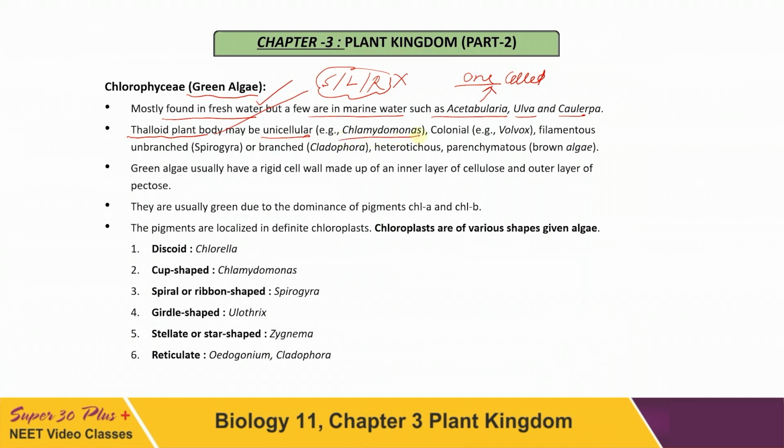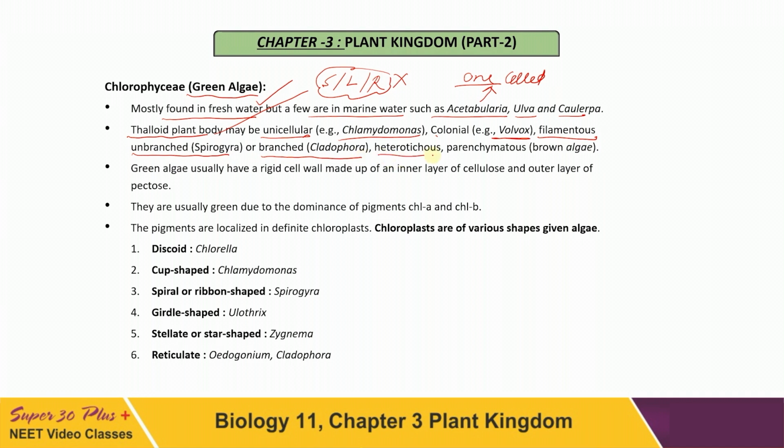I told you in the beginning, when we discuss algae, even in a traditional way, unicellular eukaryotic forms are kept in Protista, but we used to discuss them along with plant kingdom. It may be colonial. Example is Volvox.